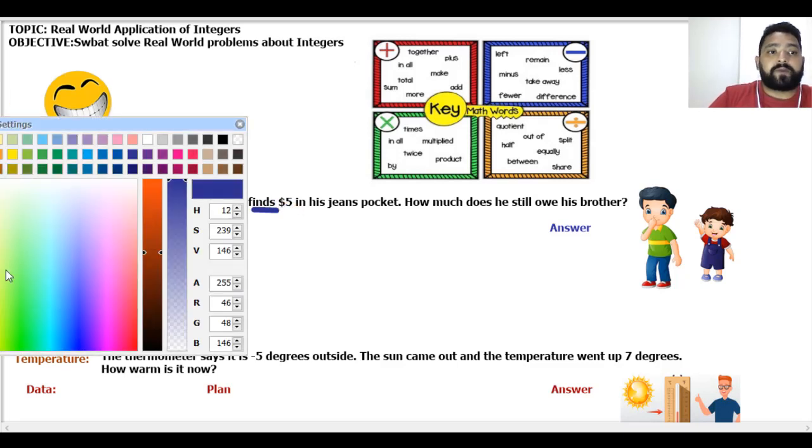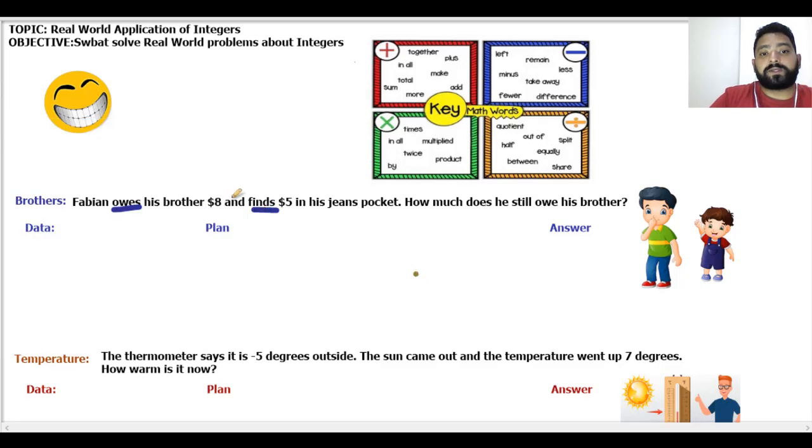But you can also find extra information, for example, $8 and $5. So in our data, we are going to write Fabian owes $8. That means we're going to write this number as a negative number.